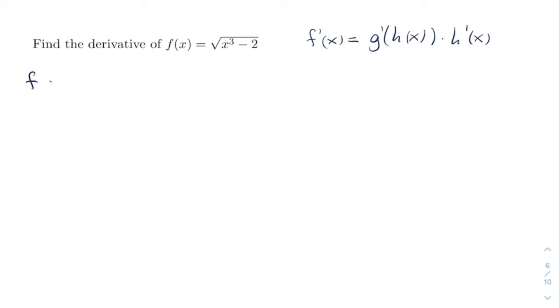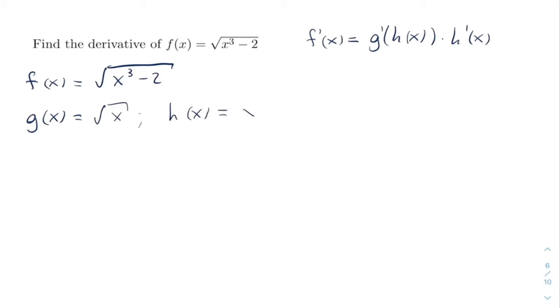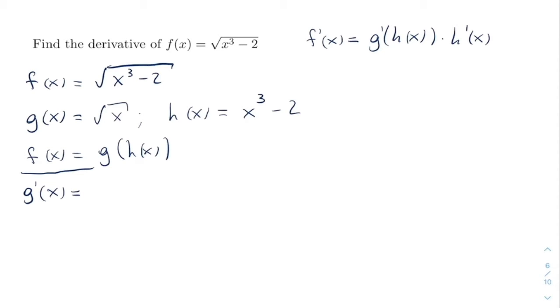So in this case, f of x, which is equal to square root of x cubed minus 2, can be written using the following functions. g of x will be square root of x, h of x will be x cubed minus 2, and then f of x will be equal to g composed with h.